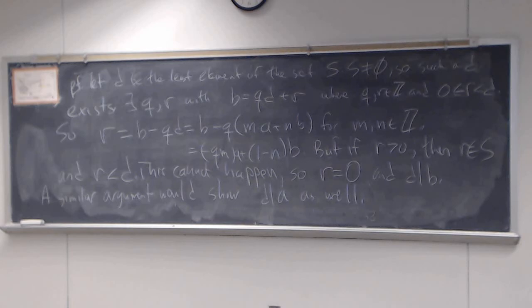Eventually we must get Rn plus 1 equal to 0 for the first time, where Rn is not 0. Then the greatest common divisor is the last remainder in this process, the last non-zero remainder.